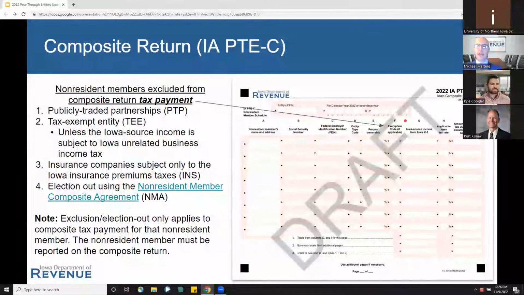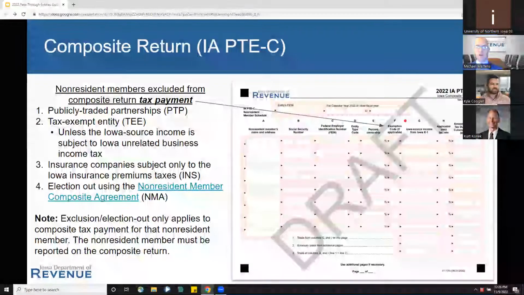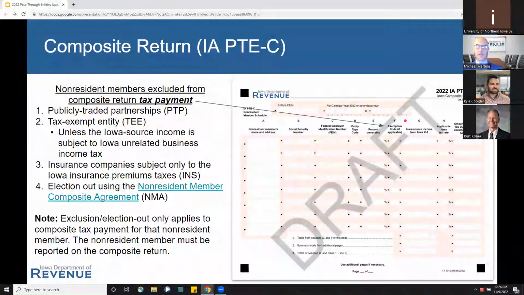The composite tax payment calculation for each non-resident member is a very straightforward, simple calculation. You're going to take the Iowa source income with respect to that non-resident member from the Iowa K-1, multiply it by the applicable Iowa tax rate, and if it's greater than 0, then you owe Iowa composite tax for that non-resident member.